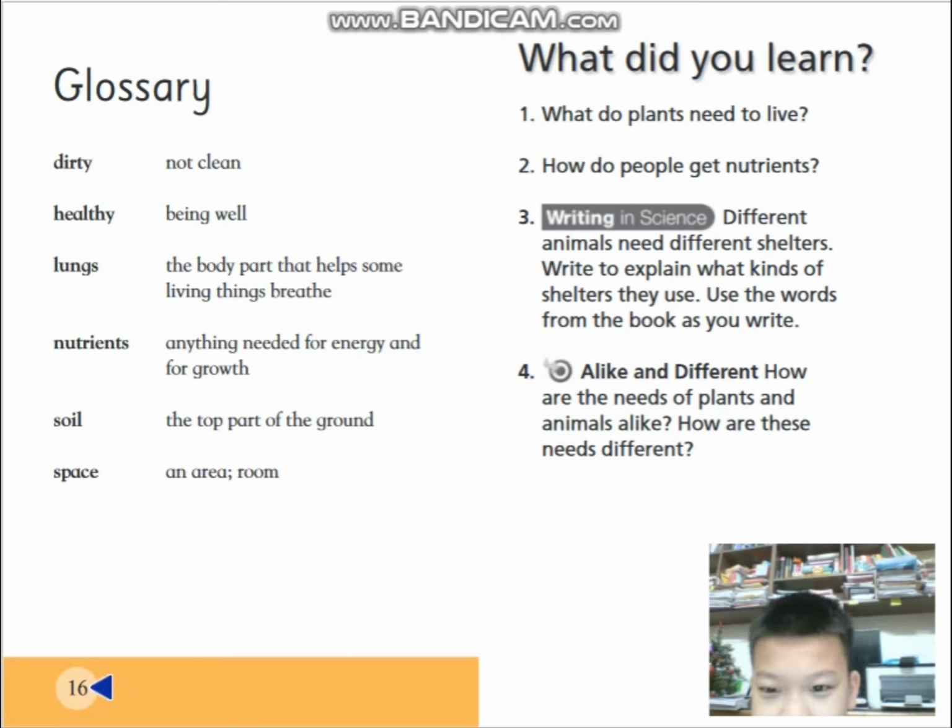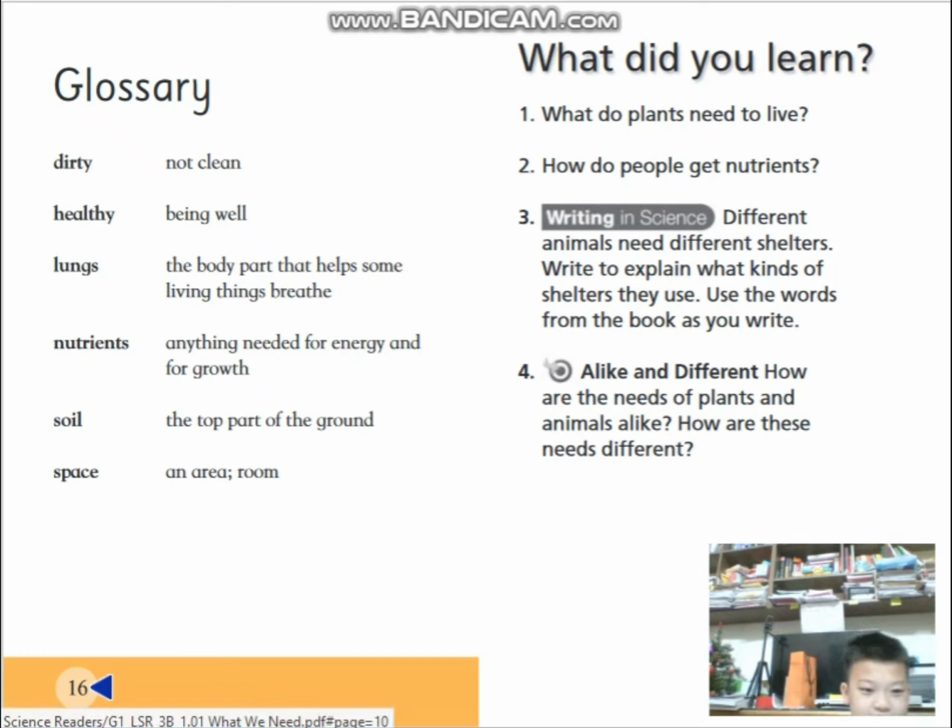Number 3. Writing and science. Different animals need different shelters. Write to explain what kinds of shelters they use. Use the words from the book as you write. Well, like page 7.